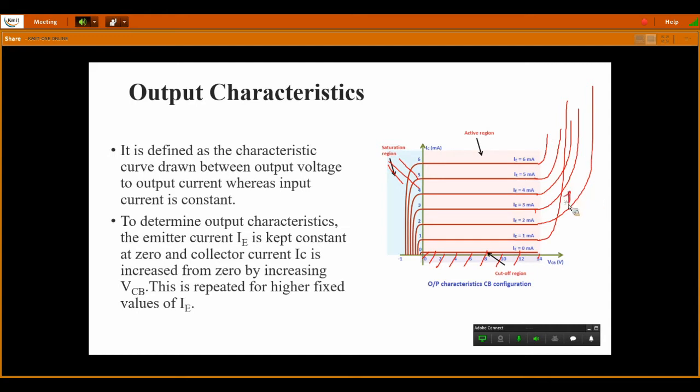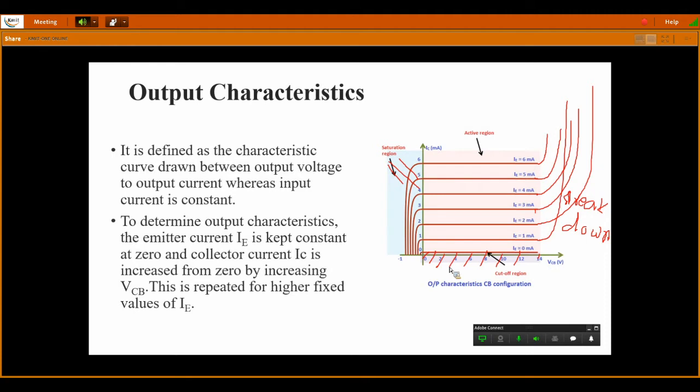This is known as the breakdown region, which can damage your device. We could not apply these voltages to the transistor, so we should not operate the transistor in the breakdown region.